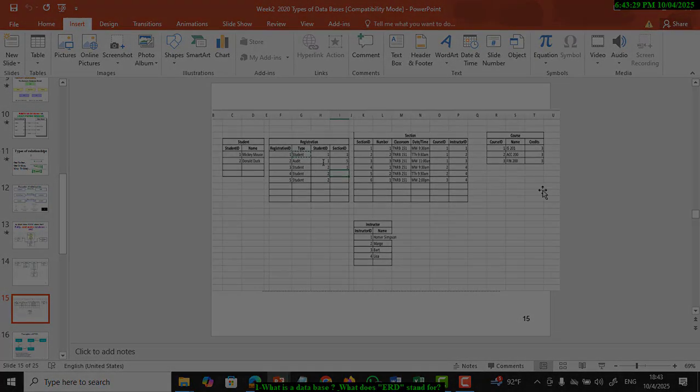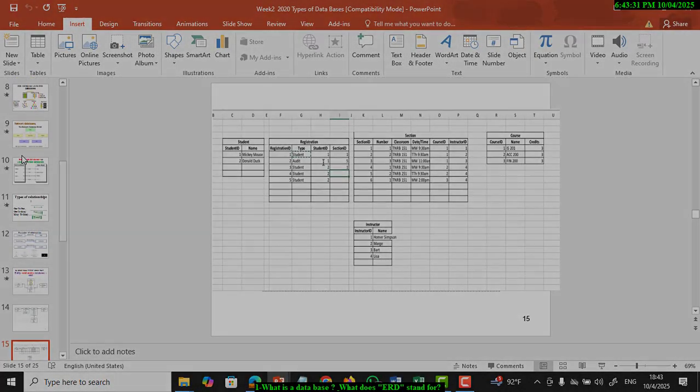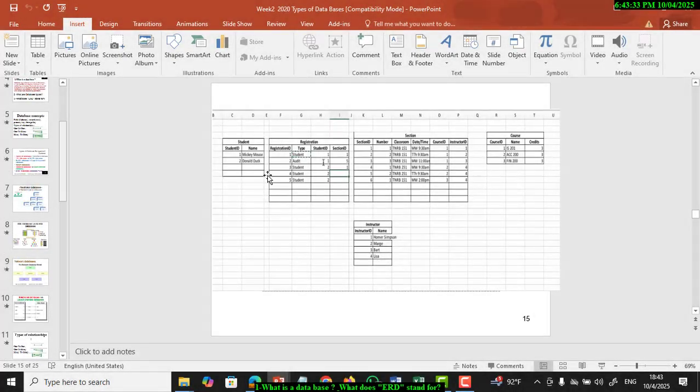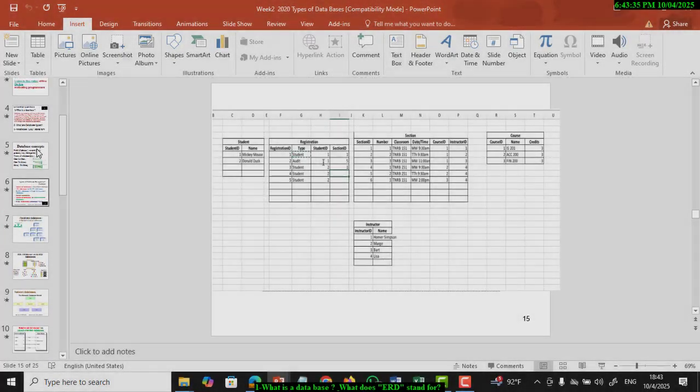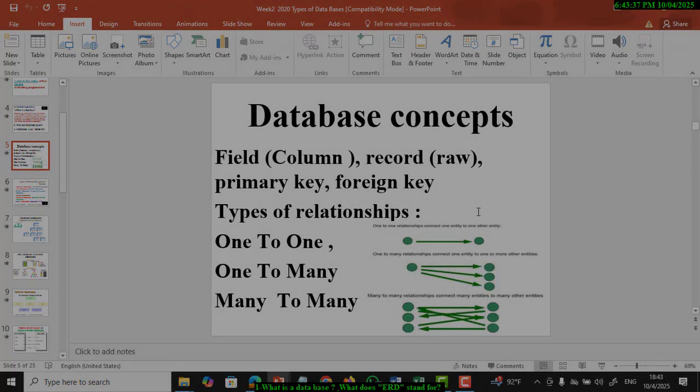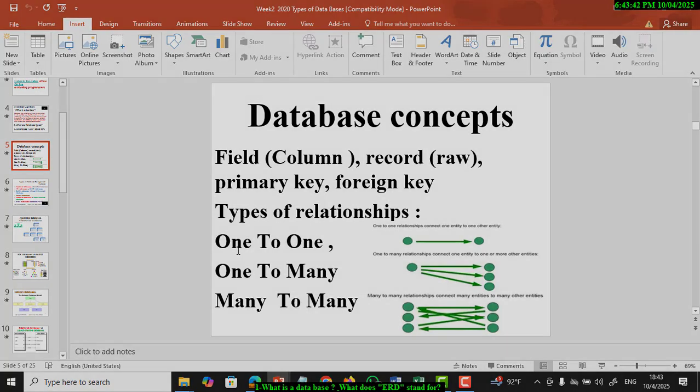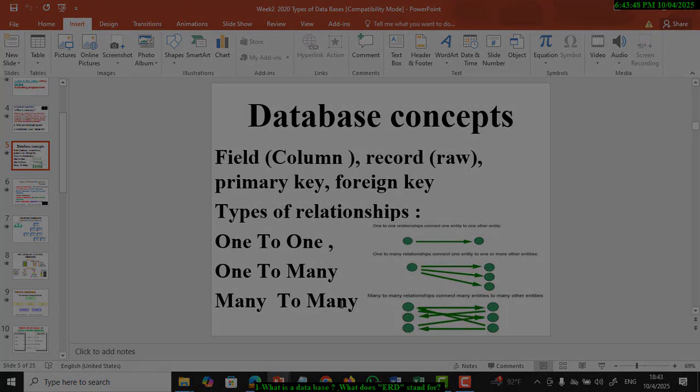Okay, so in a relational database, that means there are some relations between these tables. This relation is one of 3 types, no more than 3: 1 to 1, 1 to many, and many to many.